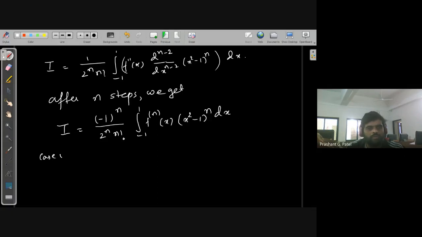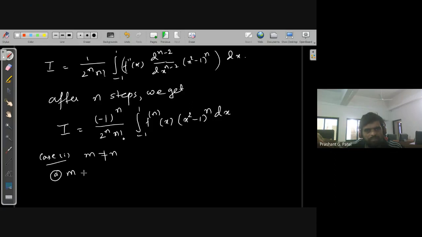Now case number 1 that we need to discuss, that there will be possibilities that this m is equal to or is not equal to n. First of all, let us consider that. Now there will be two cases.